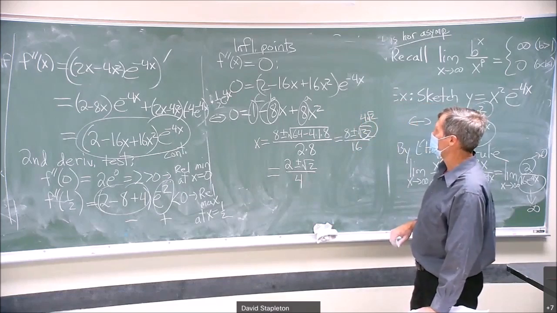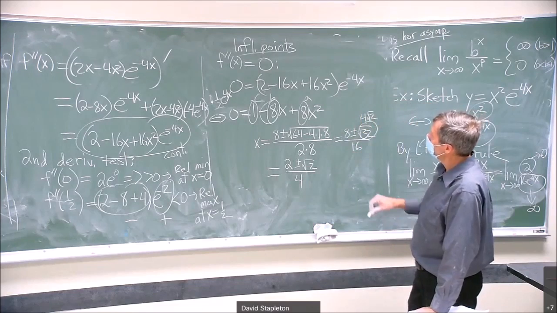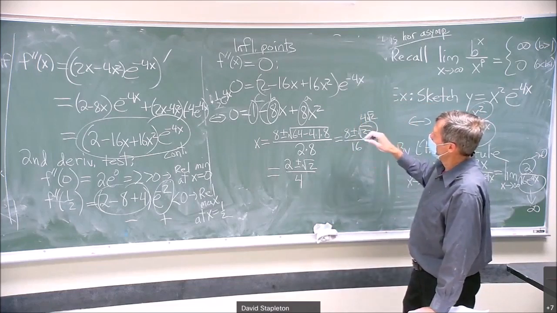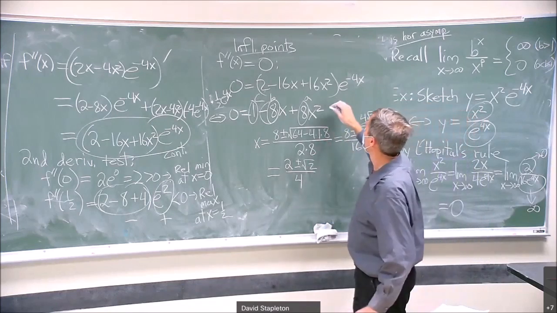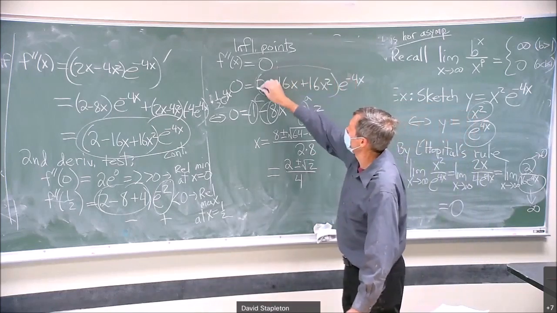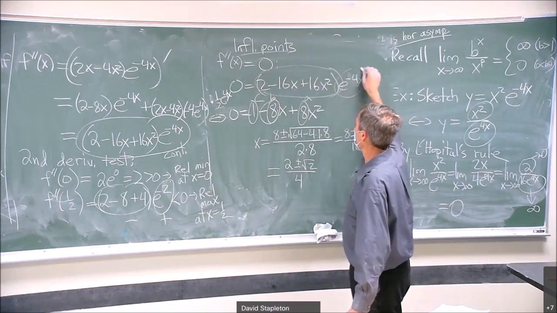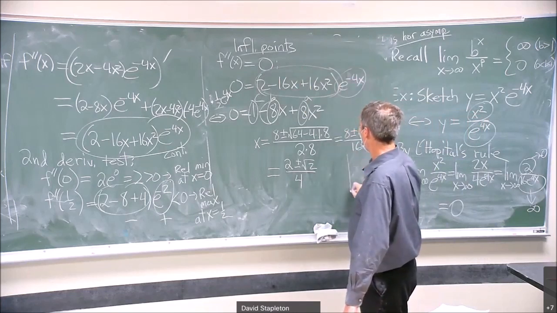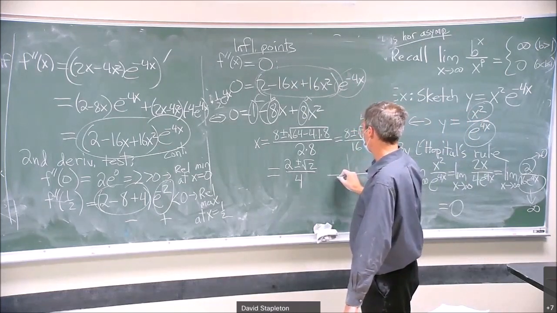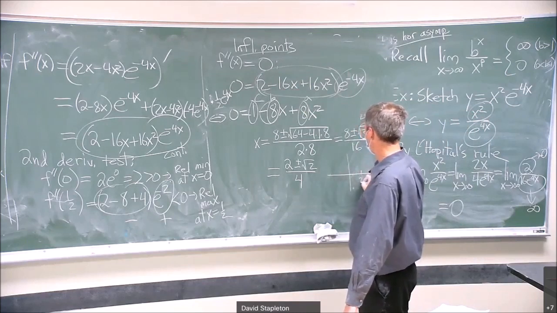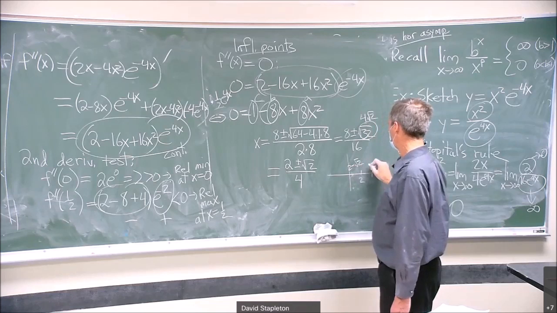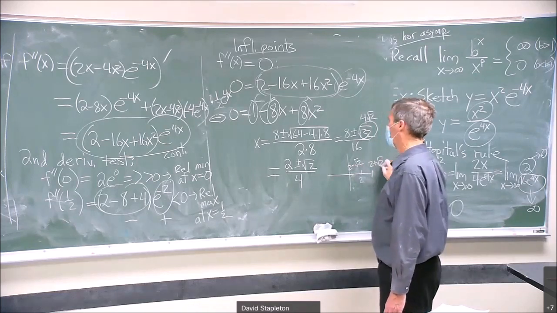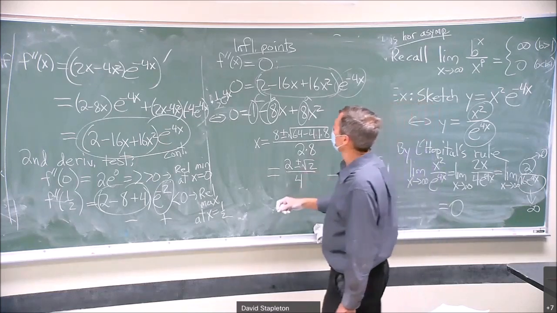We need to see that the second derivative changes sign. Actually, if you think about it, this is a parabola multiplying the exponential. It's going to change sign at these 2 points. Here's 2 minus square root 2, here's 2 plus square root 2. But let's write it this way.